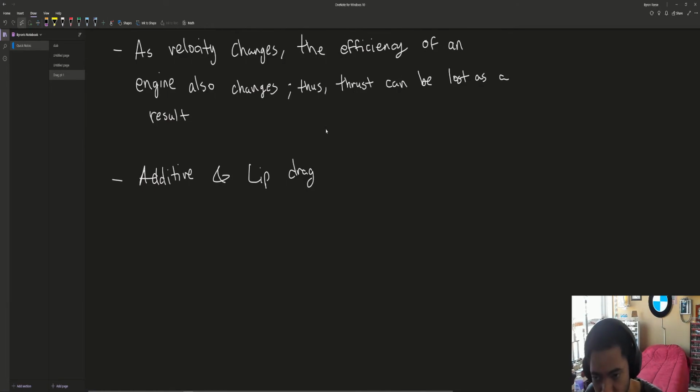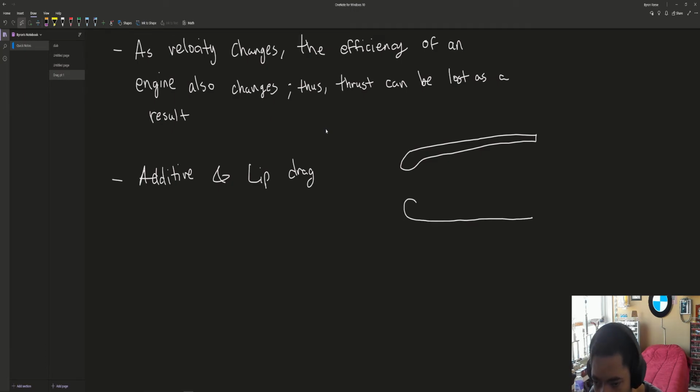Specifically, I can draw something. Say here's our nacelle, and here's our lip. Looks something like this. Somewhere like right here, we have our compressor fans or something.